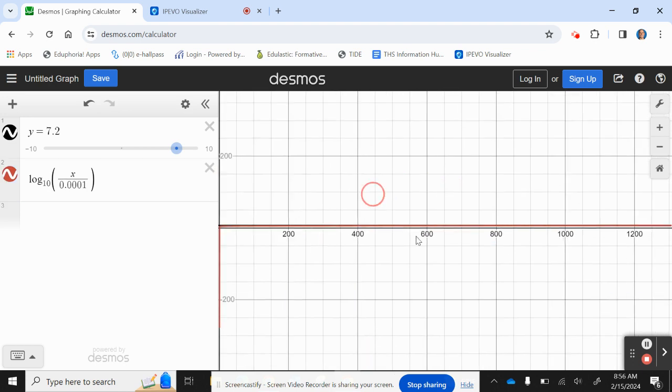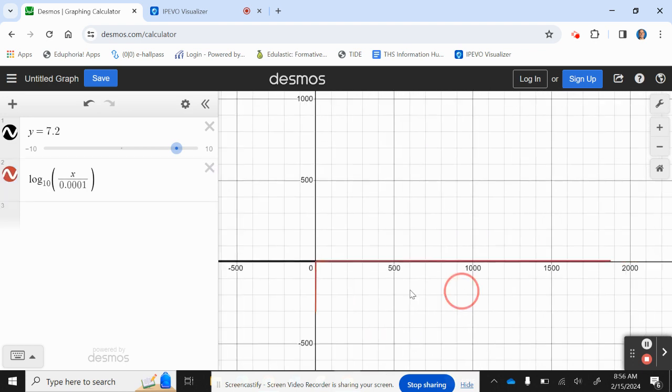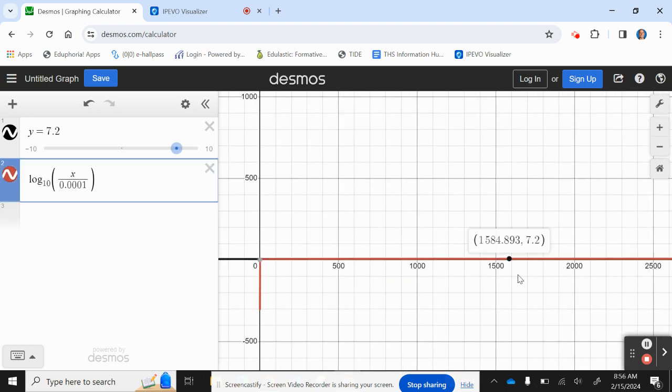Now, you keep zooming out. Eventually, the point of intersection will pop up. And there it is. And let's go and round that to 1585.